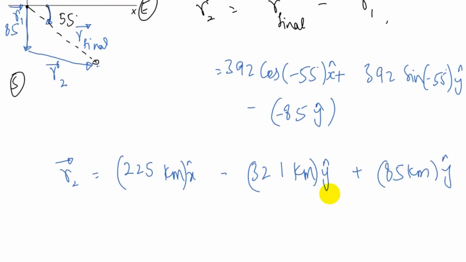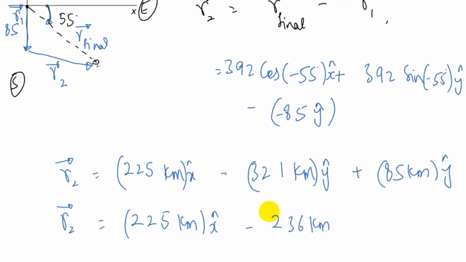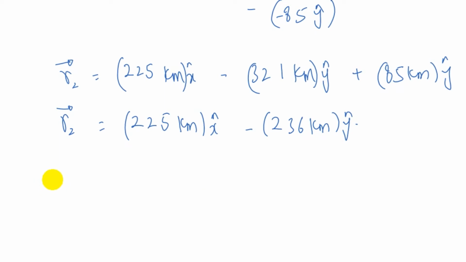Now we can add the y components. So R2 vector would be equal to 225 kilometer x cap as it is, and this would become minus 236 kilometer y cap. Now we can easily find the magnitude of vector R2.